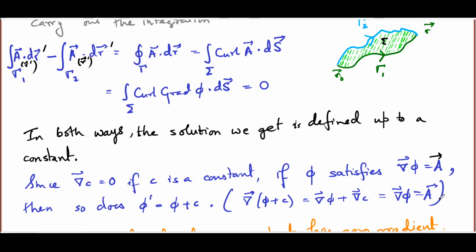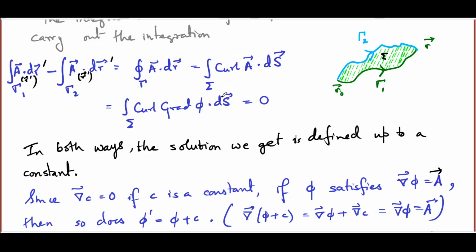Now, one important question to ask would be, is it true that this is the only such uniqueness that this problem has? To answer that, all you need to see is if you had two different scalars, phi 1 and phi 2, with the same gradient, what can you say about the difference phi 2 minus phi 1?